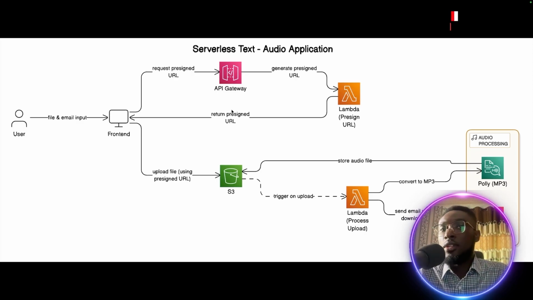Then we have a Lambda doing the processing. The Lambda, using Amazon Polly, will convert the text into an MP3 file. Once everything is done, it will send it through email, and you're going to use Amazon SES for that. So I'll quickly start with the implementation.